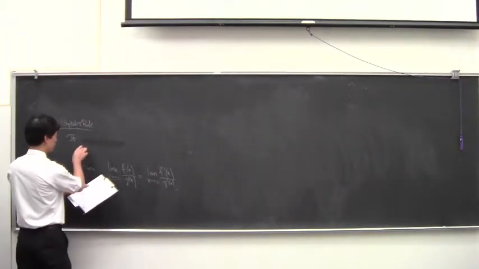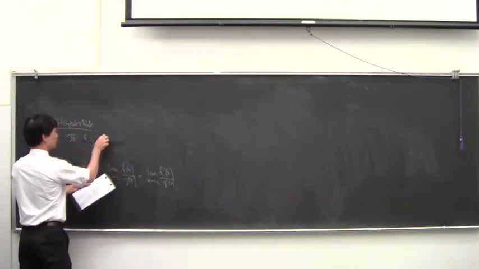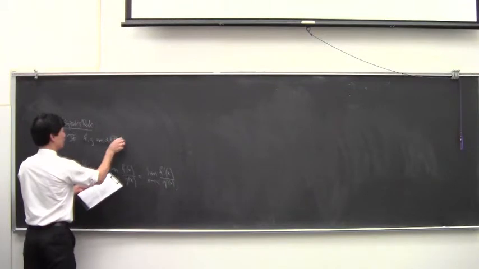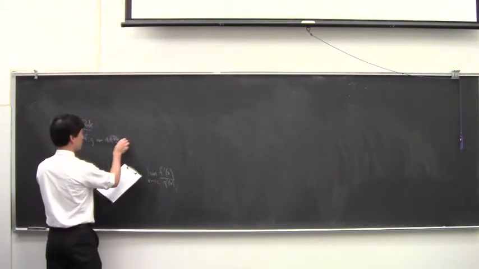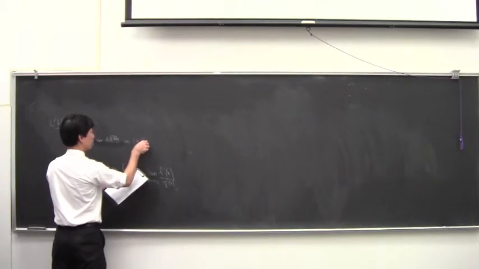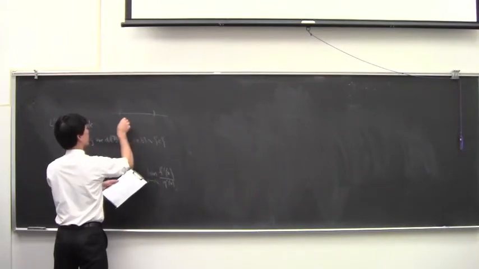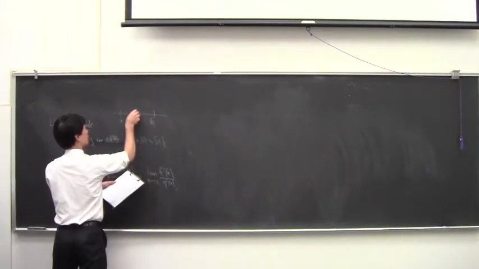So now put in the hypotheses. If f and g are differentiable on, say, some interval excluding a point c, where c is in the interval. So you have some interval ab, and you have some point c.